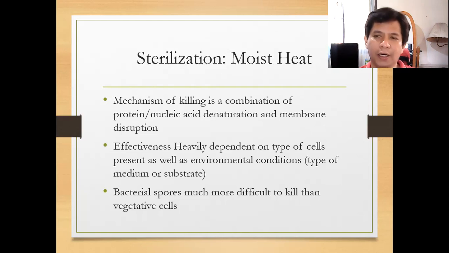For example, in the canning industry, there's a possibility that some bacterial spores are present. They are common in canning facilities. So instead of using the usual 5 minutes of exposure to steam, they generally use 15 minutes in order to make sure that these bacteria are killed or destroyed, no?